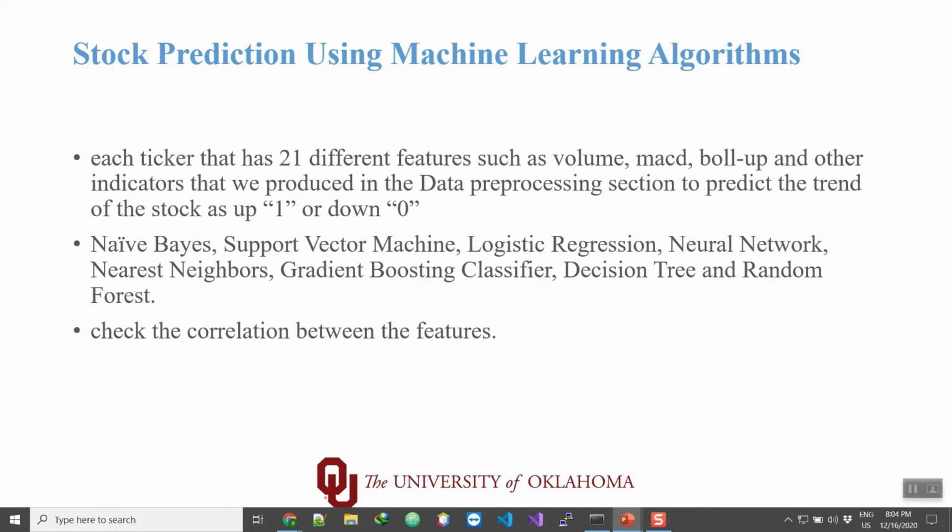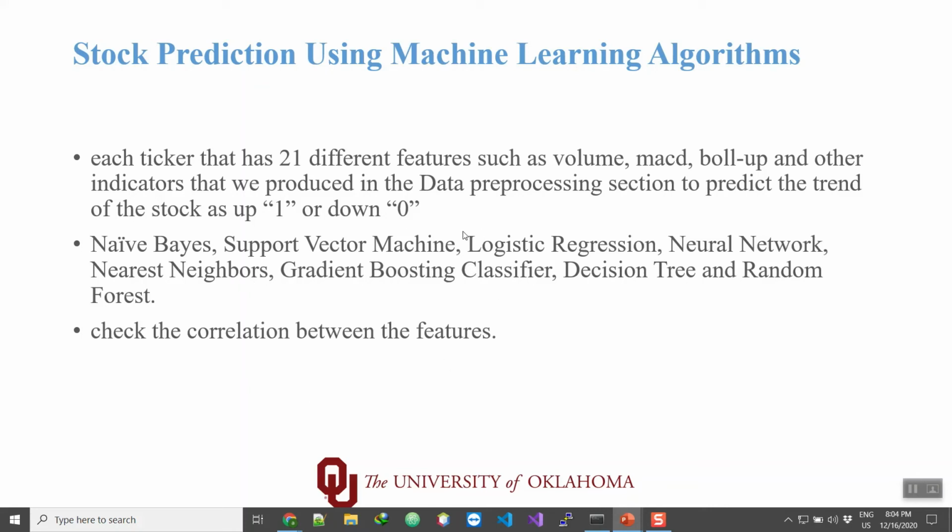We have 21 features, like volume, Bollinger up or Bollinger down, moving averages 10, 50, and many more. The classification methods that we used are naive Bayes, support vector machine, logistic regression, a simple neural network from the NLTK library, k-nearest neighbors, the gradient boosting classifier, the decision tree, and random forest.